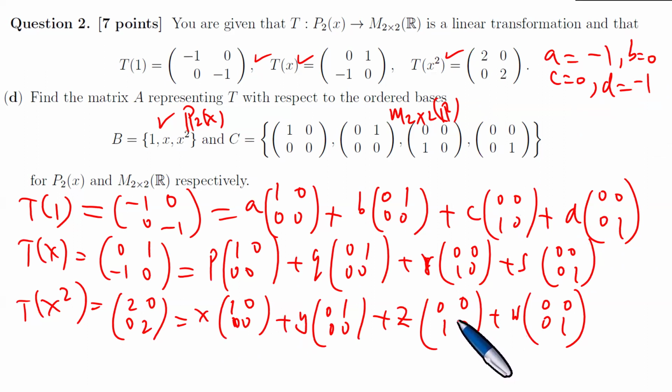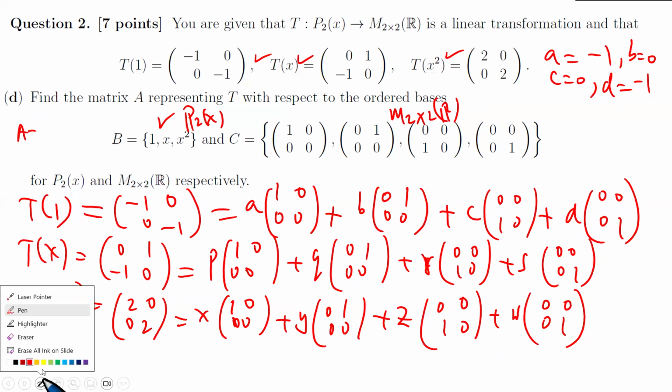Now if you check this carefully, the question is, out of this, what can you get? It's going to produce a matrix. Let's write the matrix here because we have a little bit of space.